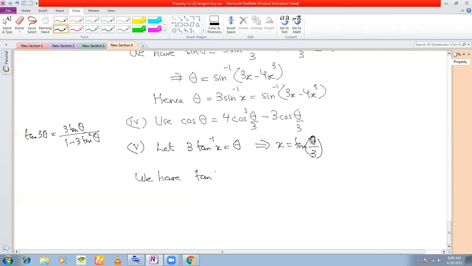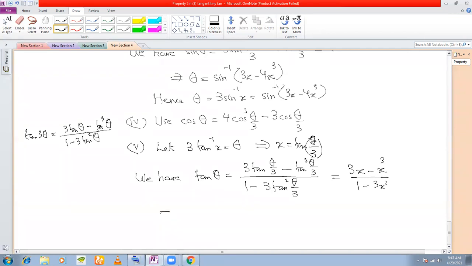So we have tan theta is equal to, no, sorry, this is 3 tan theta minus tan cube theta, divided by 1 minus 3 tan square theta. So this is 3 tan theta by 3 minus tan cube theta by 3, divided by 1 minus 3 tan square theta by 3. So put the values here: 3x minus x cube by 1 minus 3x square. So therefore, what do we get?